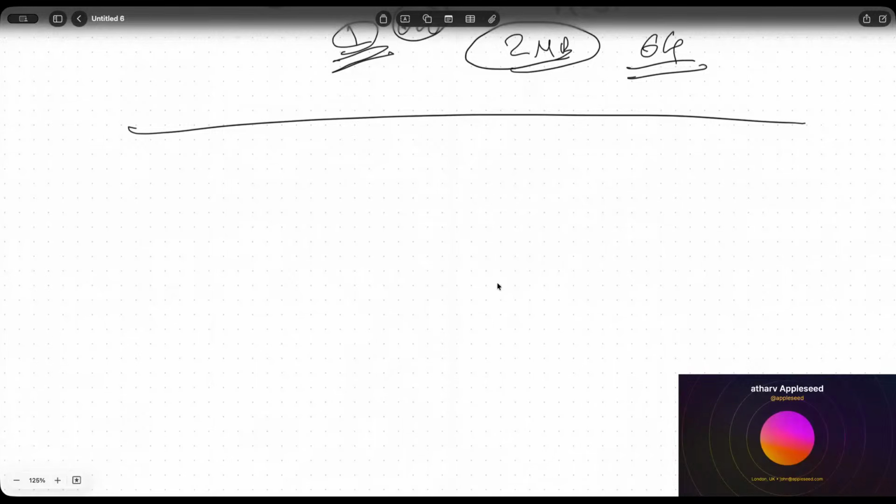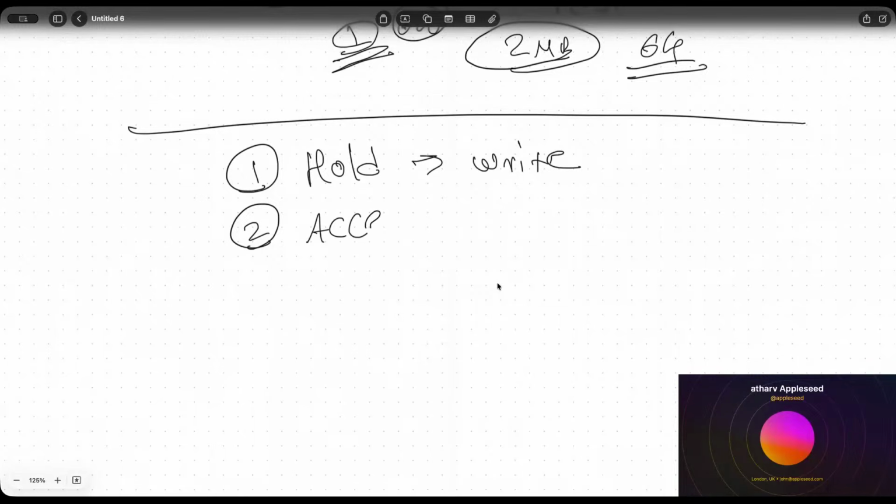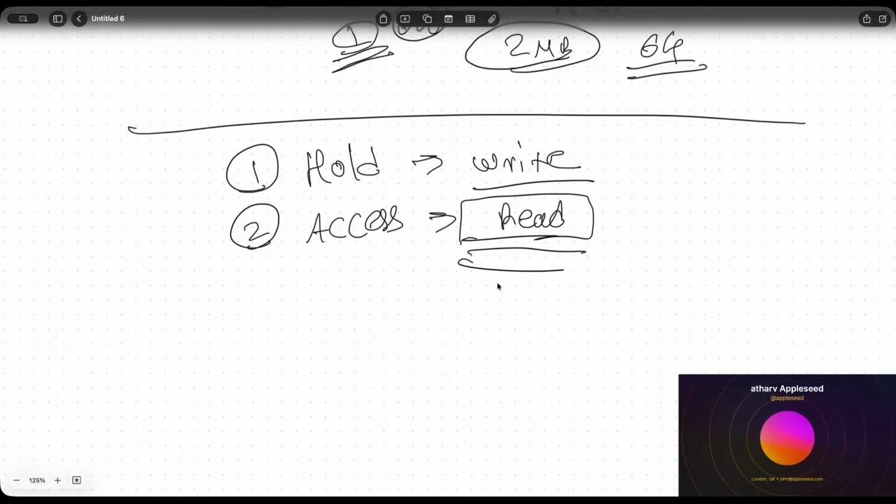So when we have a database, we usually use it to do two things, which is to hold the data that we will write and access the data that we will read. So you can see we either write data or read the data. In most cases, read becomes a bottleneck in most of the systems.